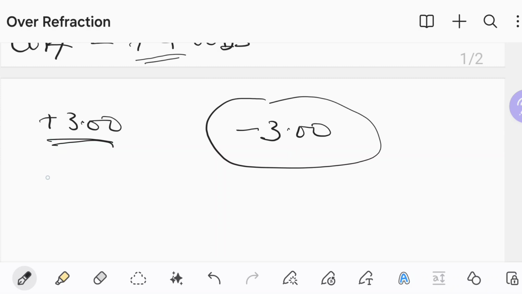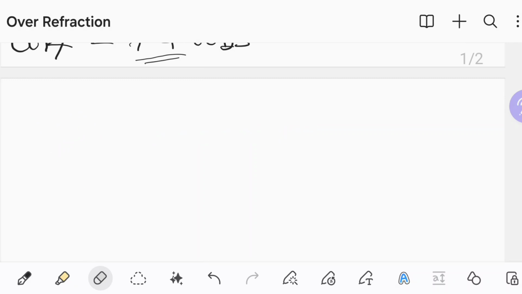If an eye is, let's say, minus 2, it shows that the eye was initially a plus 2 eye, then you use a minus 2 to correct it. So in this case, the patient's eye was initially a minus 3 eye, and after refraction we used plus 3 to neutralize the eye.